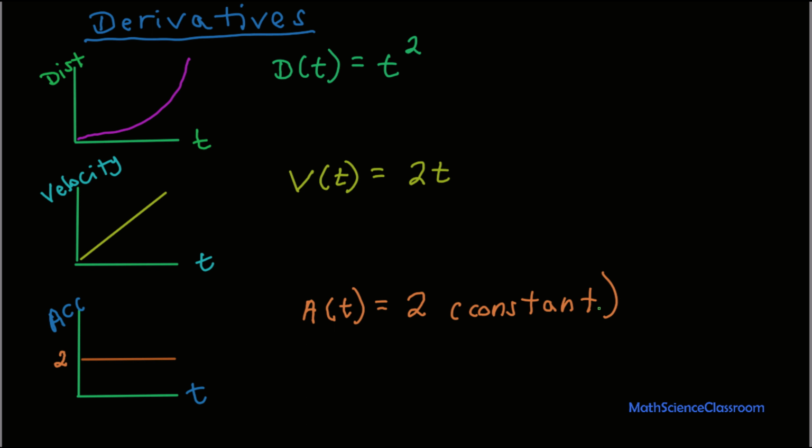We've determined the formula for the slope of distance versus time, and that is 2t. So 2t is the derivative of the first graph. And then in the acceleration graph, we've figured out the derivative of the velocity versus time, and the slope or the derivative of velocity over time is 2.